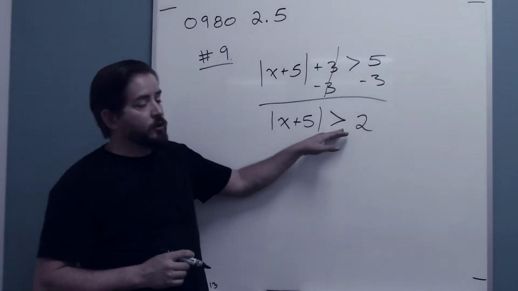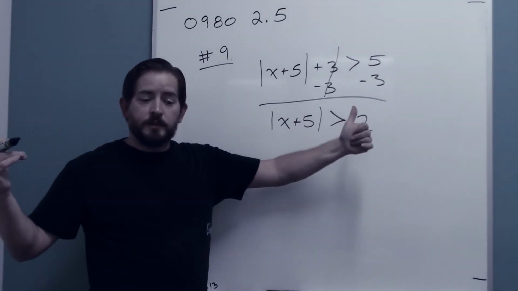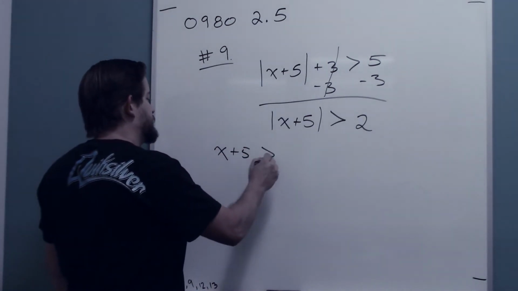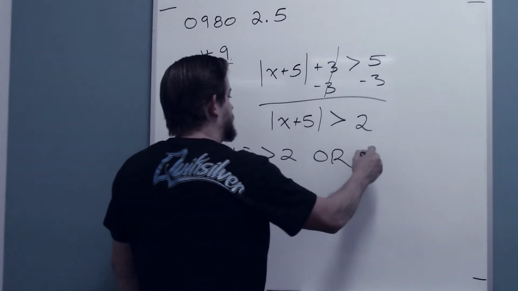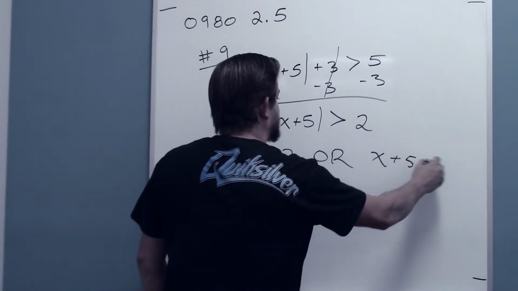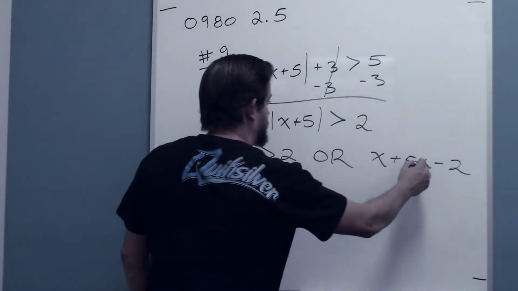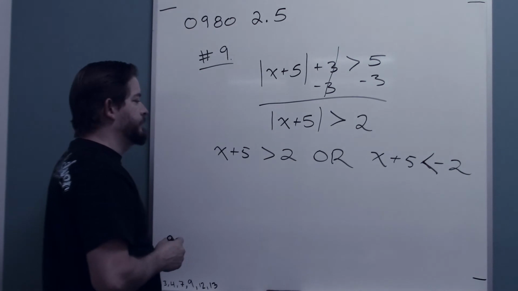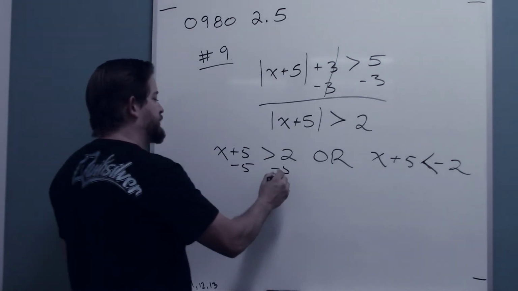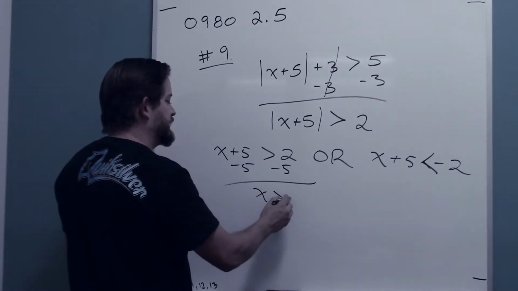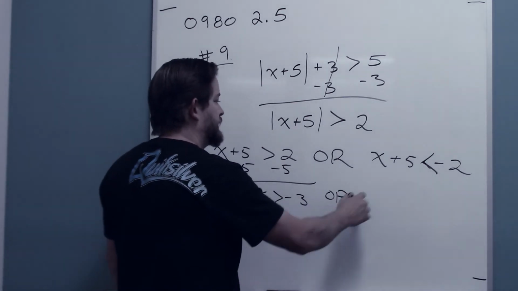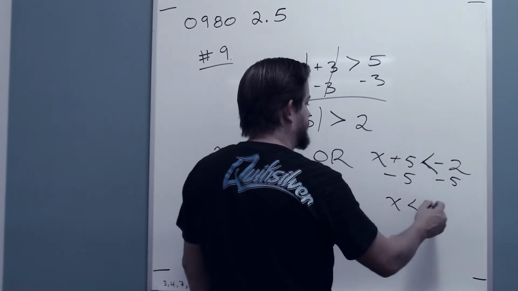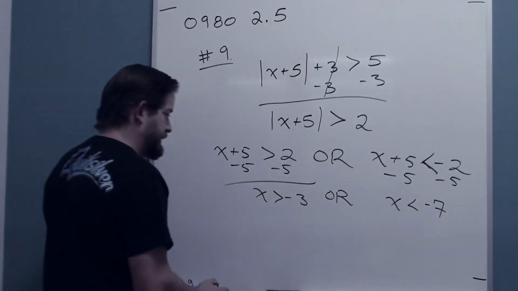The absolute value being greater than means it's further away, which is an or statement. And so this turns into x plus 5 is greater than 2, or x plus 5 is less than negative 2. Subtract 5 to solve for both of these, that gives me x is greater than negative 3, or if I subtract 5 on both of these, x is less than negative 7.